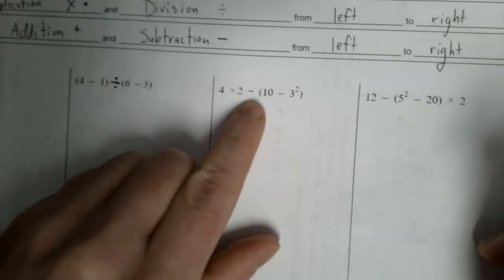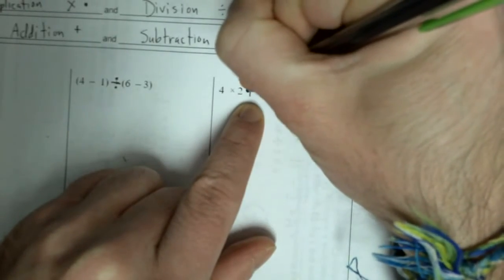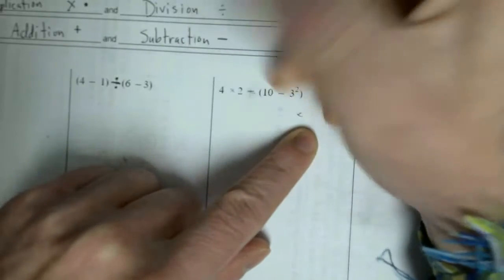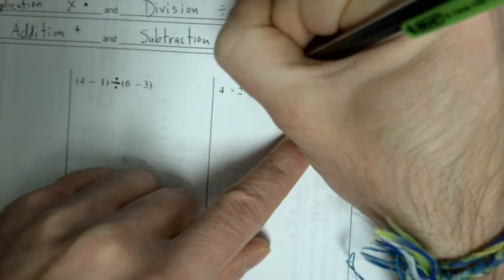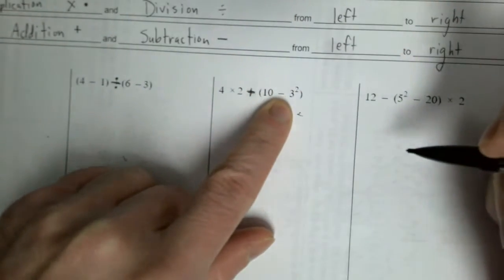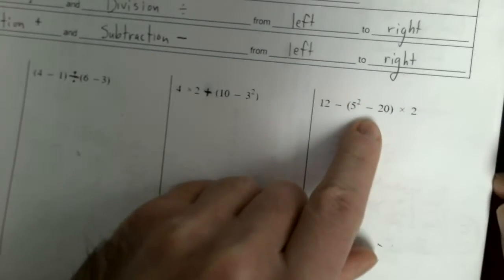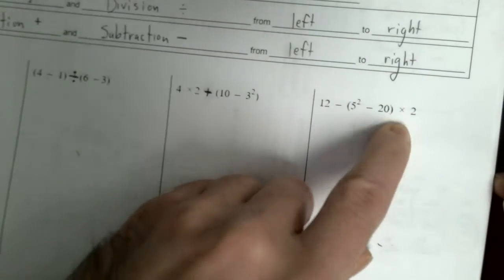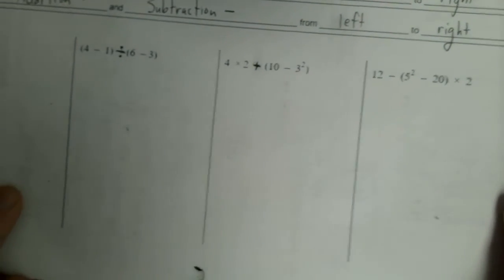This one here didn't come out very clearly, but this is going to be a plus sign. That looks too much like a T. Plus sign here. That's subtraction, that's subtraction, and the last one's multiplication.